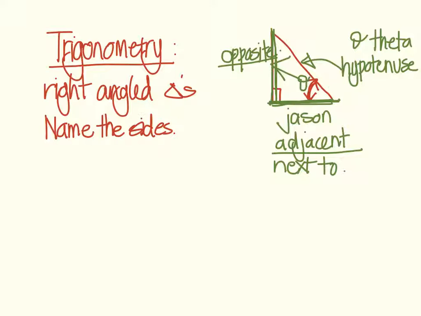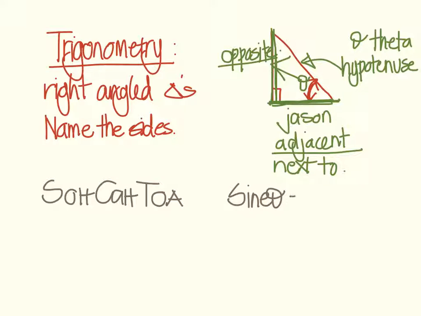to theta. Now, important information that you should write on the top of every single page if you can't commit it to memory is SOHCAHTOA. Alright, and what that means is that sine of the angle, so the sine of theta, is equal to the length of the opposite side divided by the length of the hypotenuse.